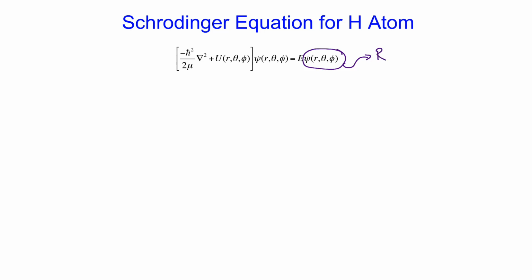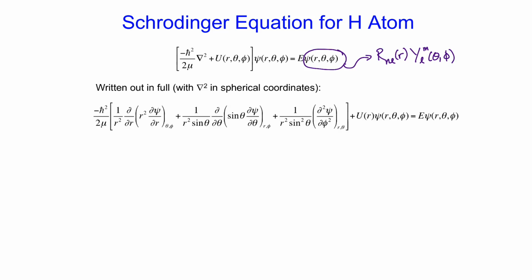We're going to write that as a separable function where we have a factor that depends on r. We're going to call those our radial functions. And then we also have our angular part of the wave function, which we've already encountered. Those are going to be our spherical harmonics that we've already worked with. Again, we'll save the details for the wave functions for another video, but just a coming attraction for you there.